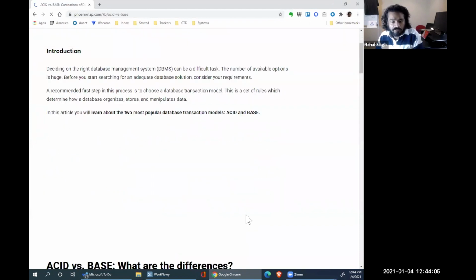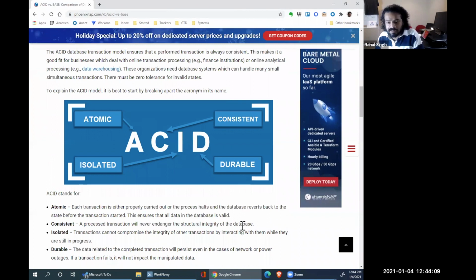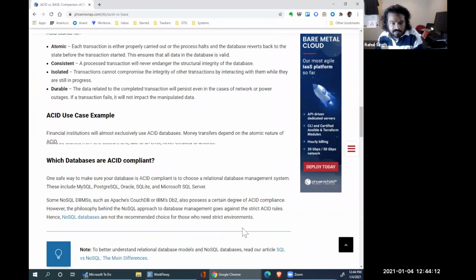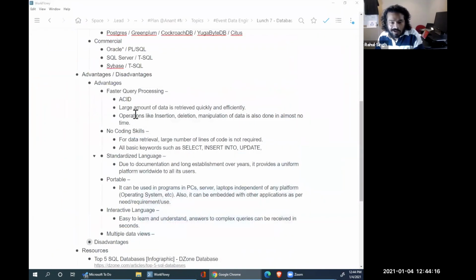Right now, I only deal with basic databases. Atomic, consistent, isolated, that's the word, isolated, and then durable. Whereas BASE is basically available, soft state, eventually consistent. What does this mean? It means that when you're writing data, if it's related in another table, when you refer to that data, it will retrieve that information.